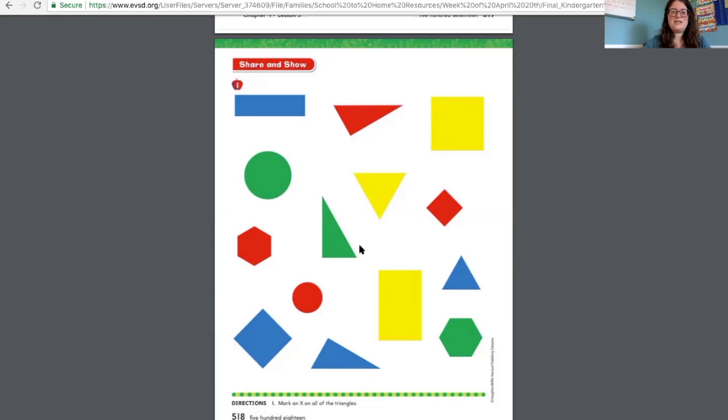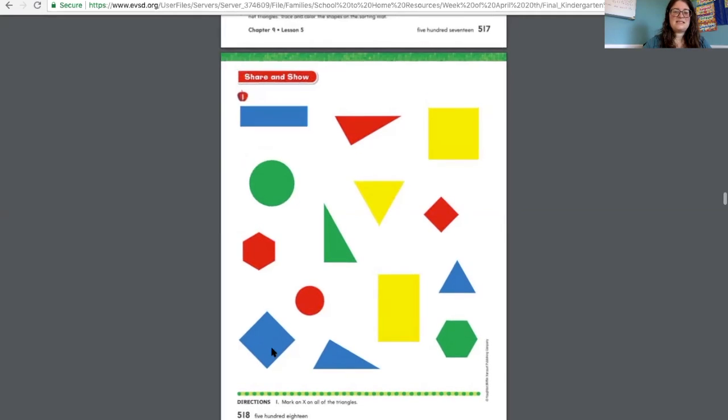Now look at this. This is very interesting. Down here in the corner, this looks like a diamond, doesn't it? And you're right, it is a diamond, but this is actually the same shape as this one. They are both squares. This is just a diamond. It's a square that has been rotated on its side.